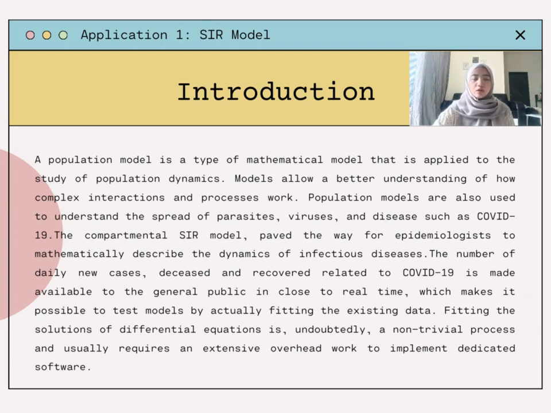The well-known compartmental SIR model paved the way for epidemiologists to mathematically describe the dynamics of infectious diseases and has become increasingly popular among the scientific community, particularly for the analysis of the current pandemic.